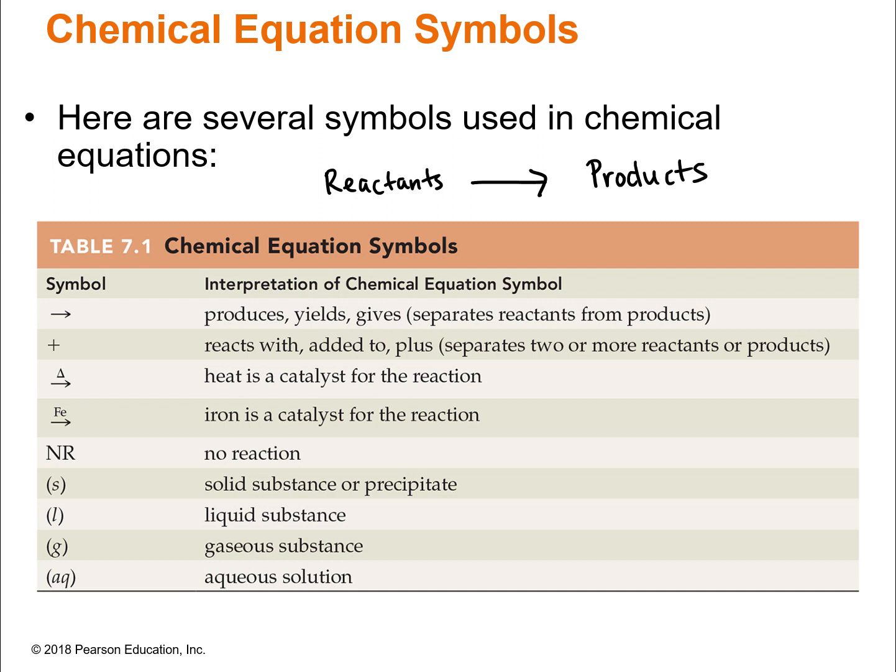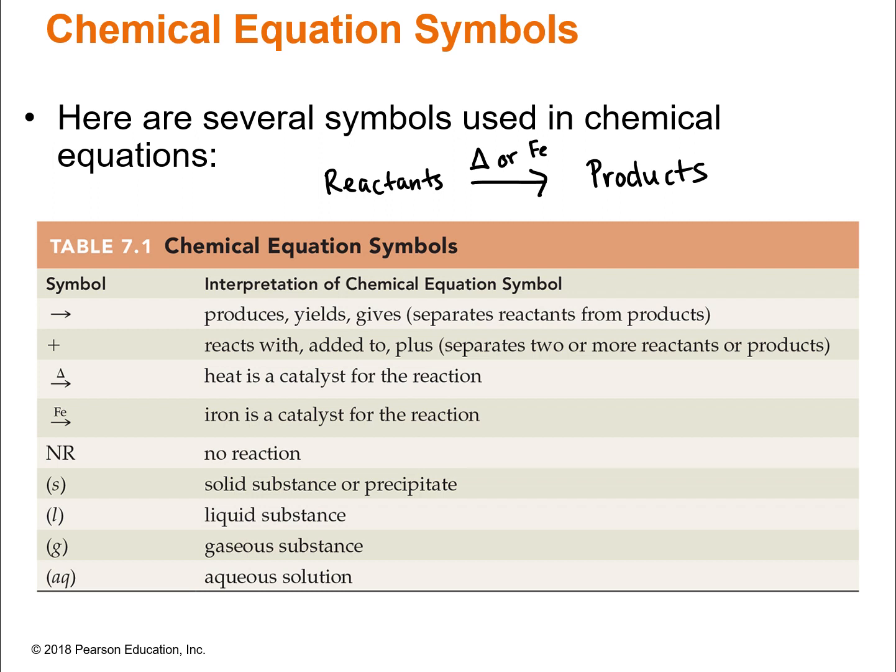Sometimes over this arrow, you'll see a delta, a little triangle. That's for heat, so it's like the tip of a Bunsen burner. Or you might see iron or palladium or some other element. That's a catalyst. So it's saying that you have an iron catalyst or a platinum catalyst. It's not consumed during the reaction, it's just present.